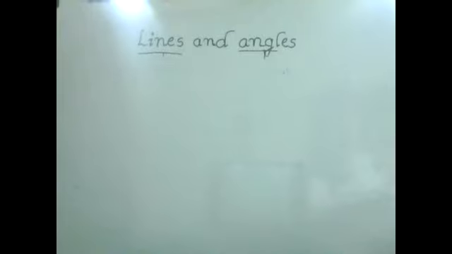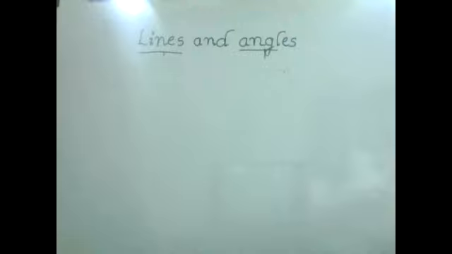We have seen the types of angles, such as acute angle, obtuse angle, right angle, straight angle, complete angle, zero angle. And we have seen two more types called complementary and supplementary angles. For complementary angles, the sum of the two angles is 90 degrees, and for supplementary angles, the sum is 180 degrees.